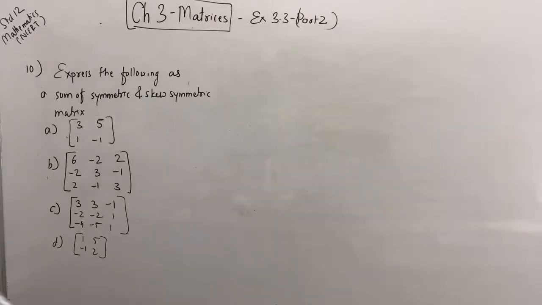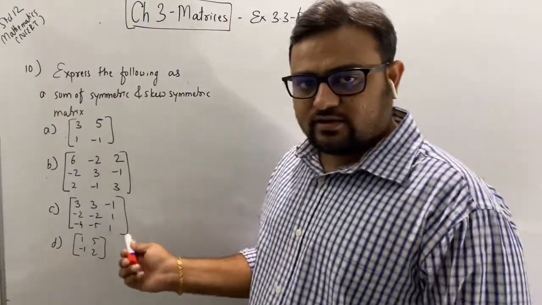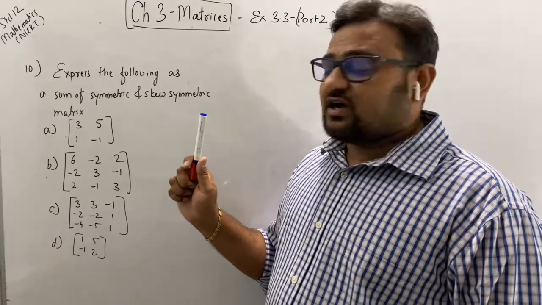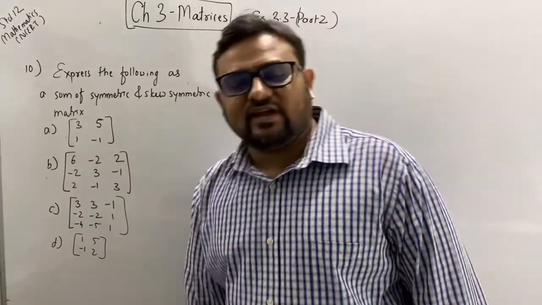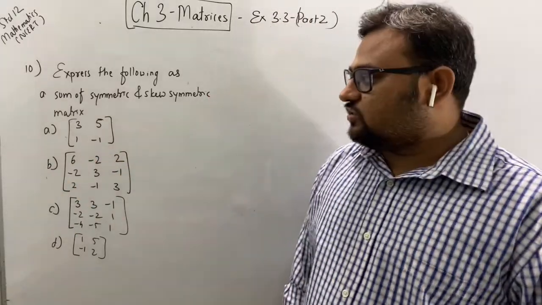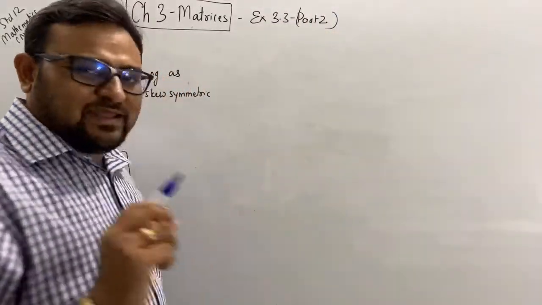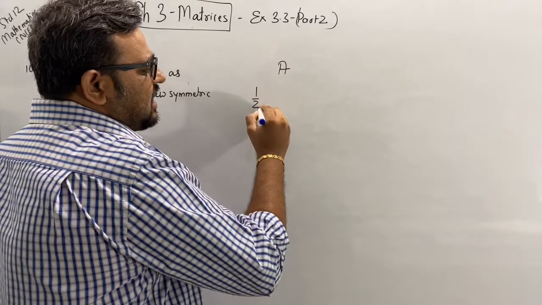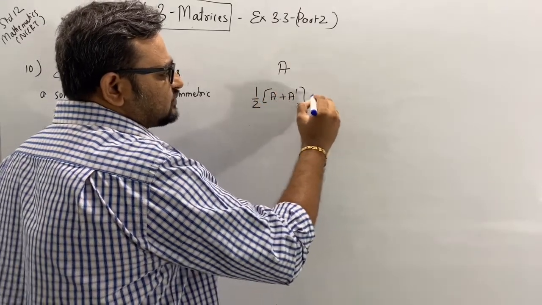Next is question number 10. There are four sub questions in question 10. The question is express the following as a sum of symmetric and skew symmetric matrix. Okay, now see, remember if you take any matrix A, half into A plus A transpose.